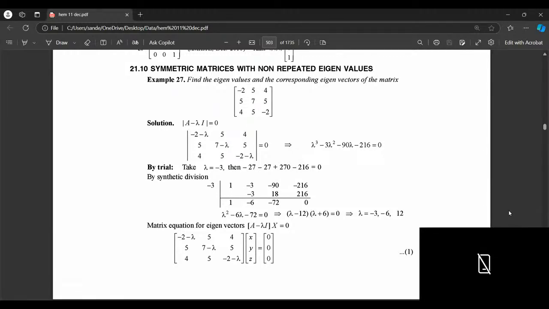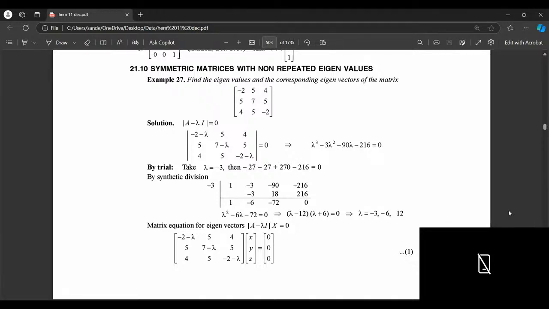Then you will get quadratic equation lambda square minus 6 lambda minus 72 equal to 0. Then using this quadratic equation, you may find again two roots. Minus 12 plus 6 is minus 6.